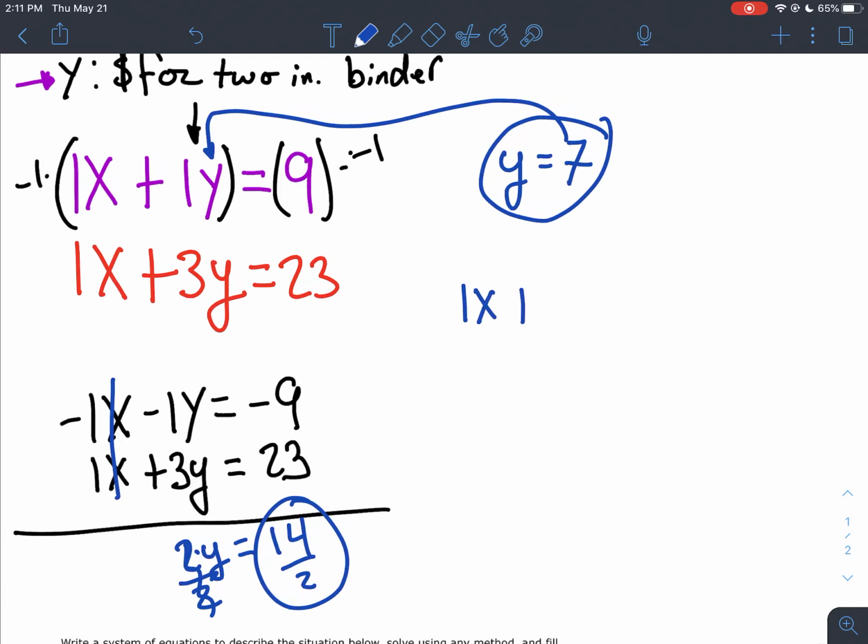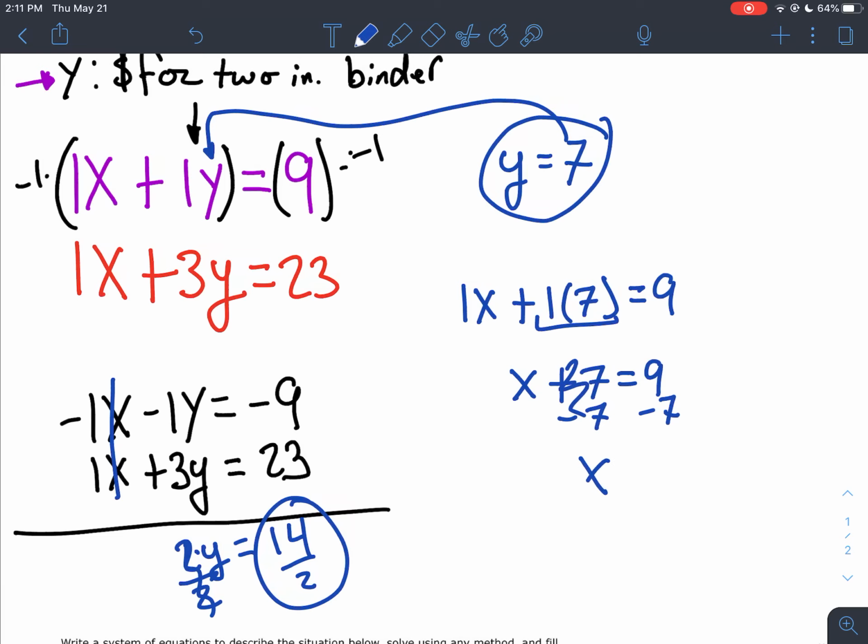So we have 1x plus 1 times 7 equals 9. And we know 1 times 7 to be 7, so we have 1x, or just a single x. We don't really need to say 1x. x plus 7 equals 9. Subtract your 7 from both sides, and you get x equals 2.